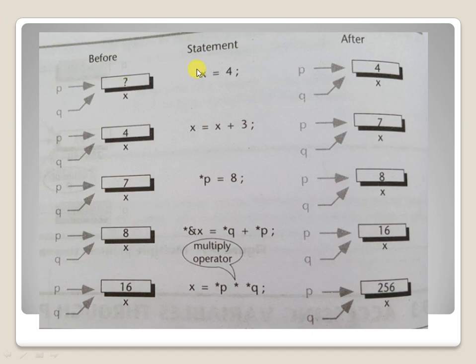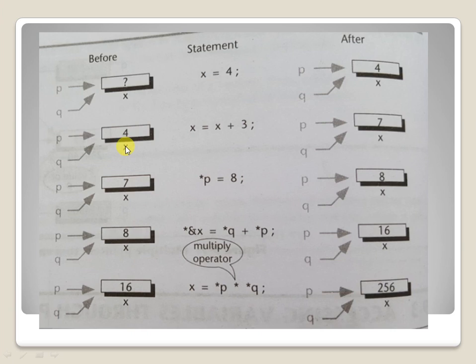So when you execute the statement x equals 4, both these pointers were pointing to x, and x is now holding a value. So the variable x is holding 4 as the value. If you see the second diagram, the second portion, P and Q both are pointers.